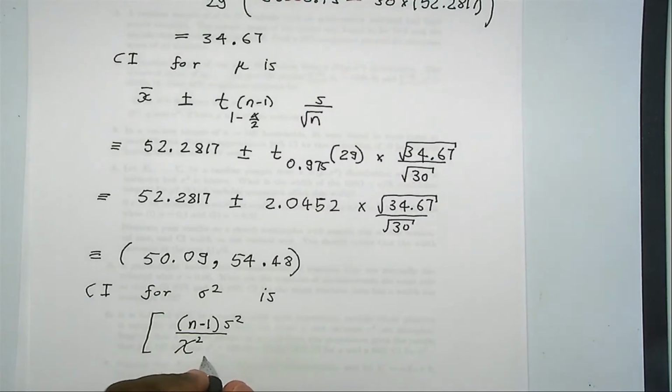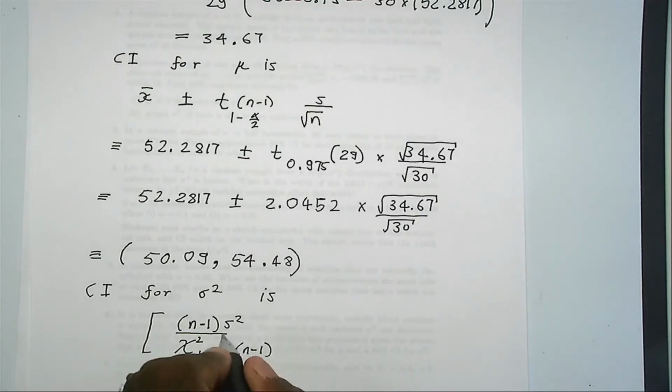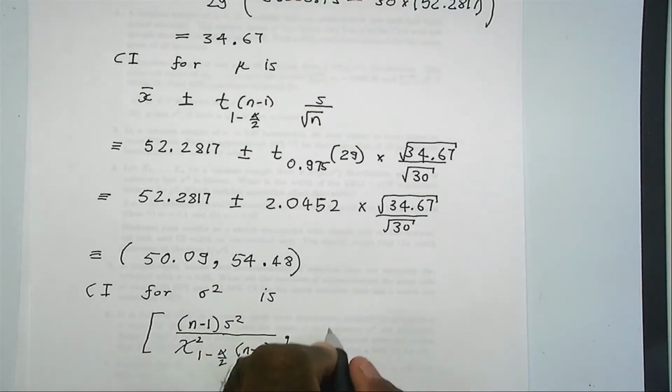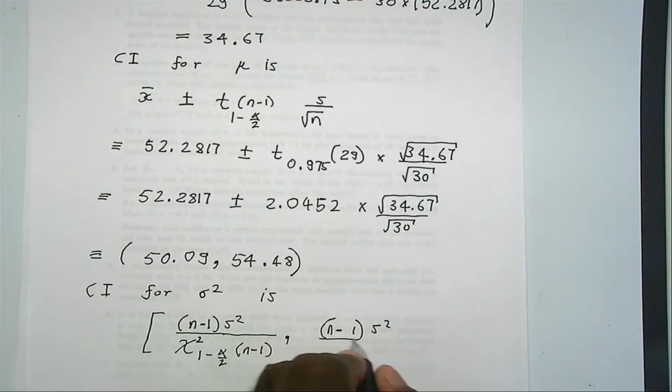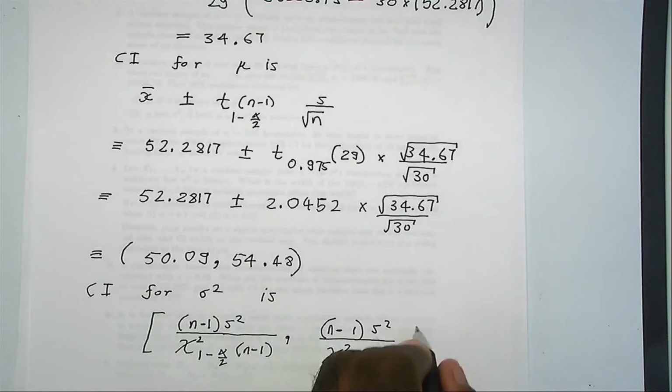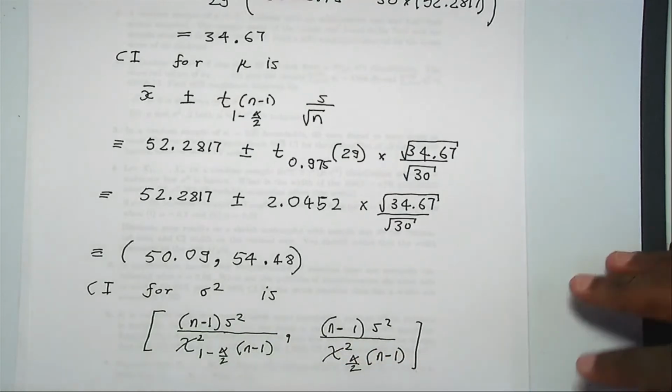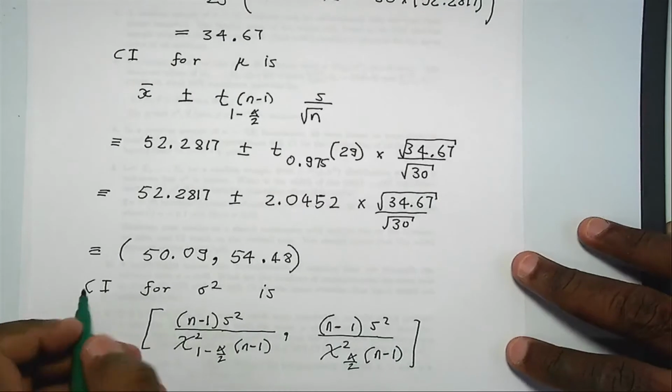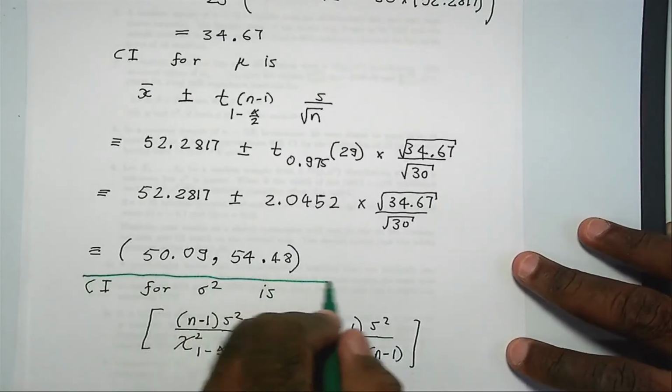Chi squared with n minus 1 degree of freedom, and if you look at the notes or the videos, you will see this. Alright, so this is the formula for the confidence interval for sigma squared.